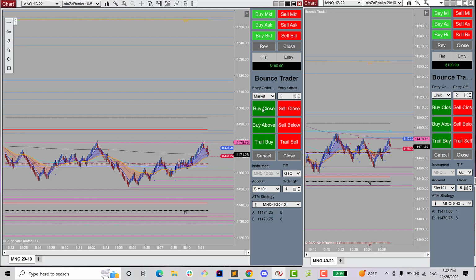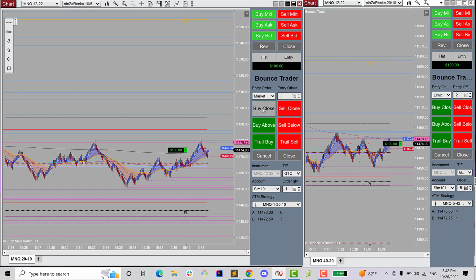Now what about, maybe we're thinking that it's going to bounce from this EMA. So let's say, okay, it filled the order.